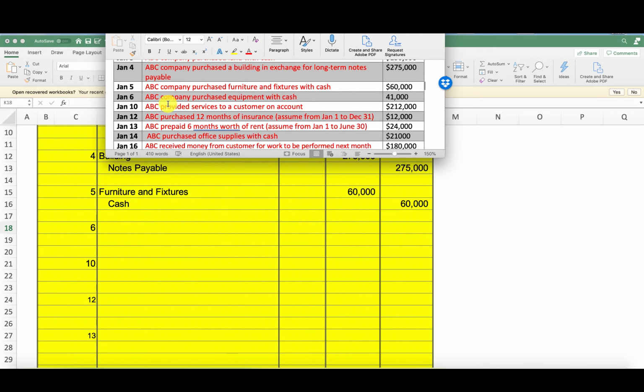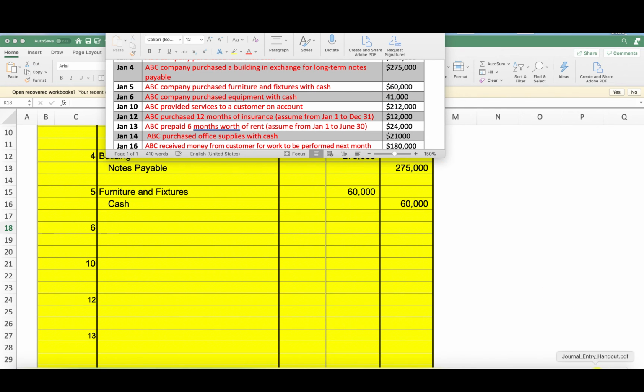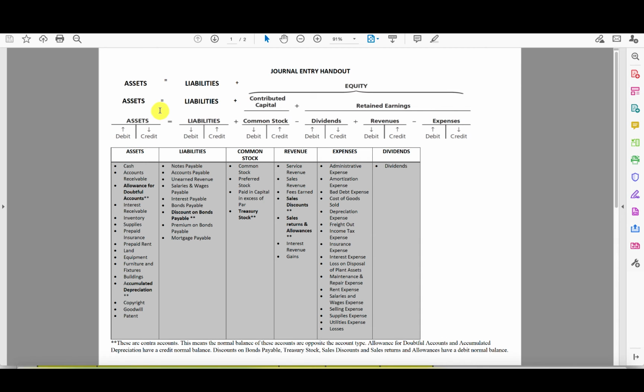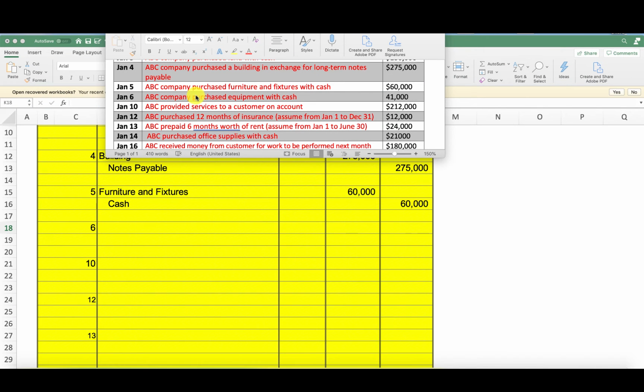Okay, the next one. ABC purchased equipment with cash, right? So very similar, right? I received equipment, I gave cash. So cash is an asset. I gave cash, cash is going down, so it's a credit. The other side of the entry has to be a debit. And what did I get in exchange for this cash? I got equipment for $41,000.